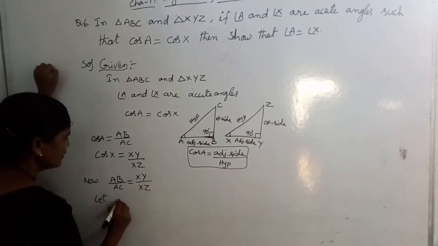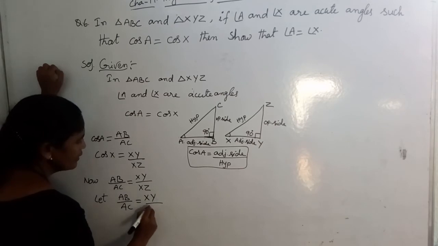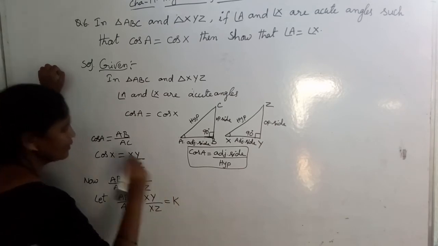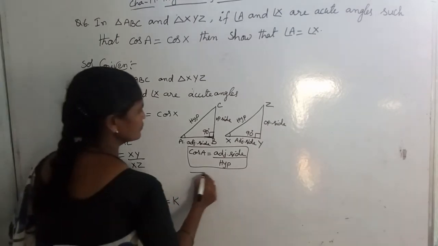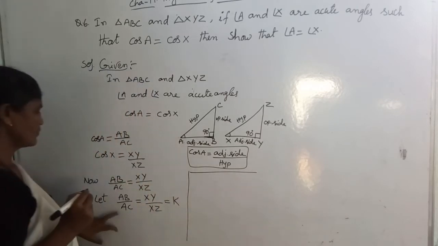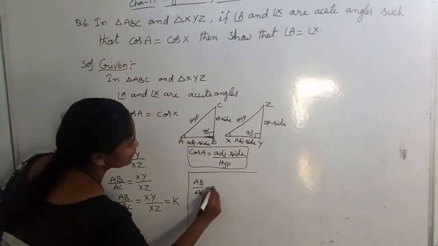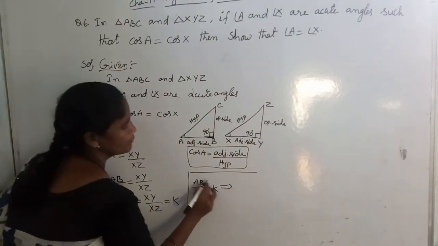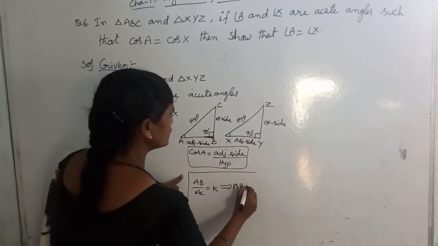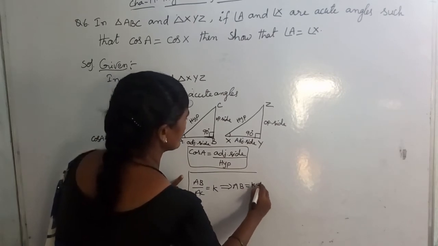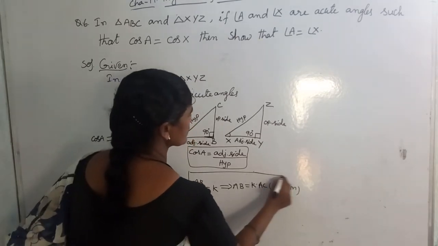Let AB by AC is equal to XY by XZ is equal to K. AB by AC is equal to K, that implies AB is equal to K into AC, by cross multiplication. Understand?